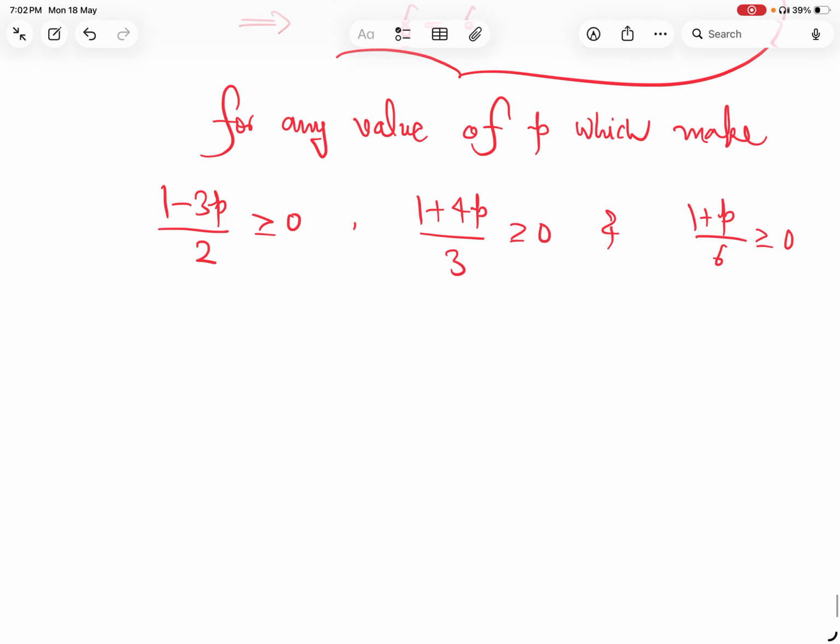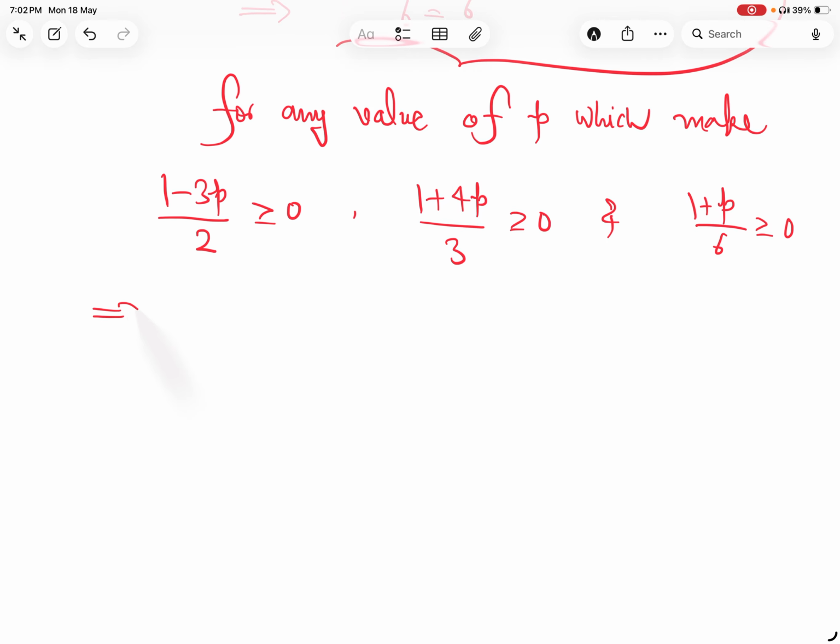So what does it mean? It will be 1 minus 3p greater than 0, 1 plus 4p greater than 0, and 1 plus p greater than 0.